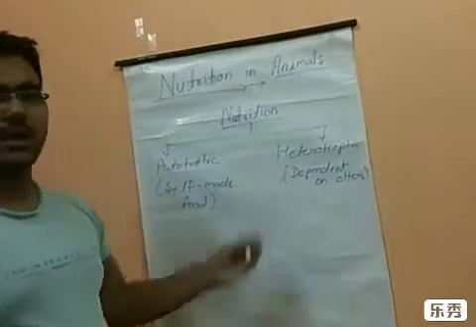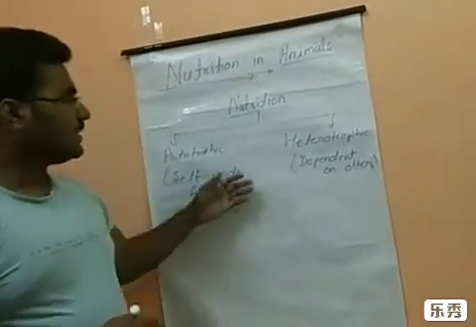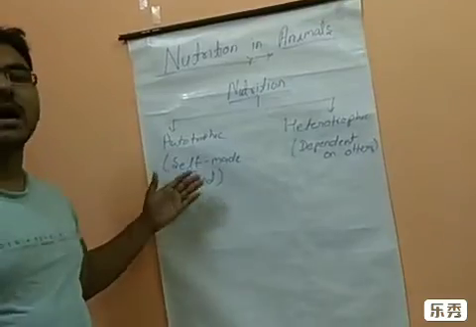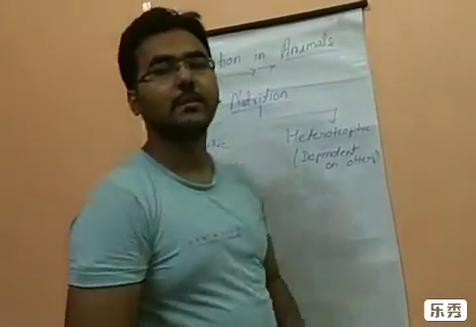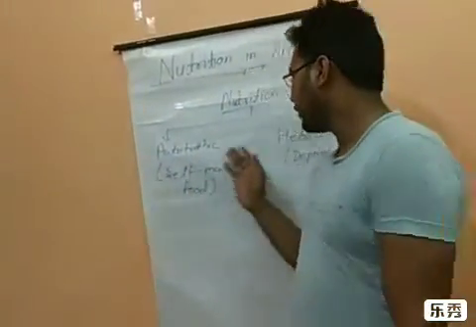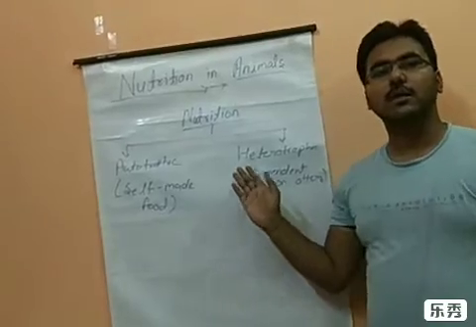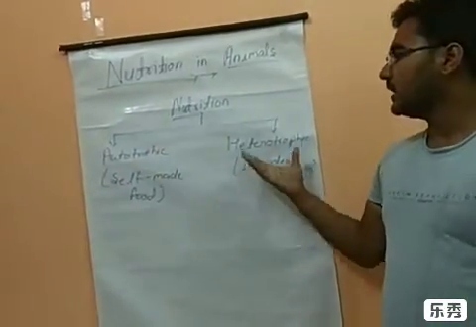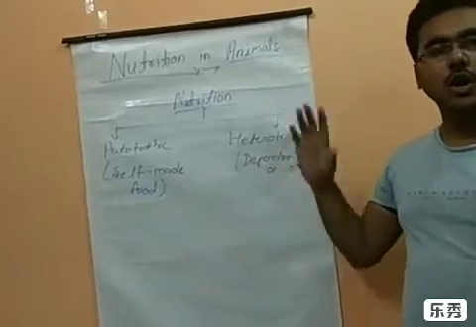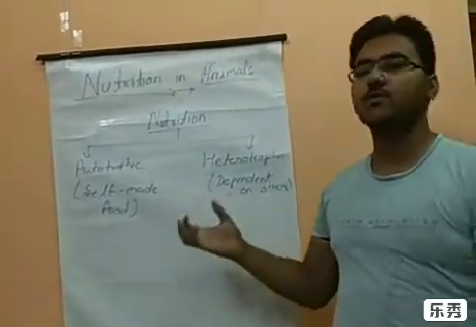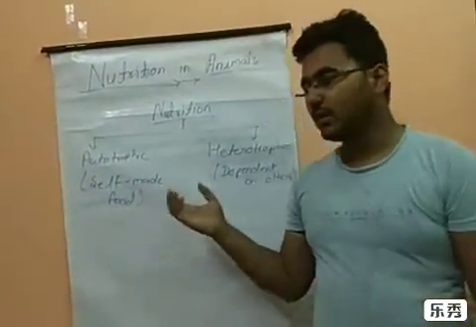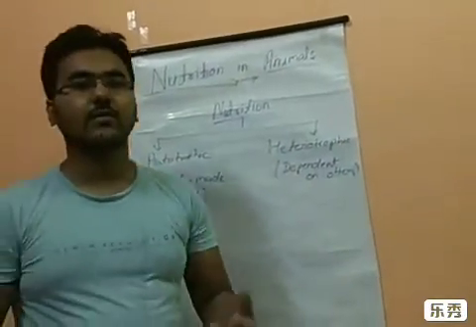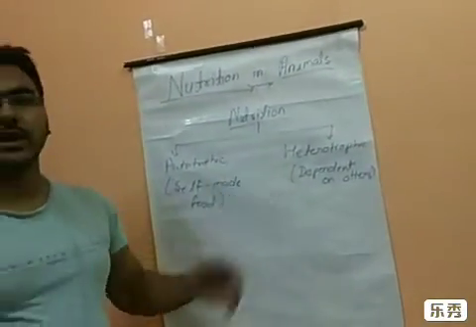So these two points, can you guess what they mean? Autotrophic means the organisms that are self-made, they can make their own food. Heterotrophic organisms are dependent on autotrophic nutrition, which means they are not able to make their food, and they get their food from other organisms. Now we will study the different types of organisms for each nutrition.